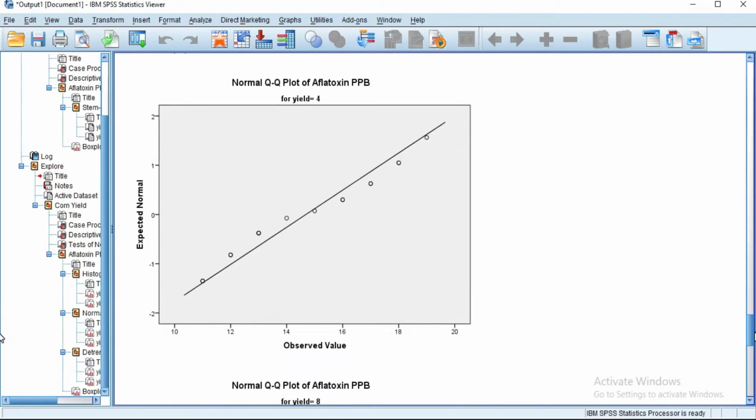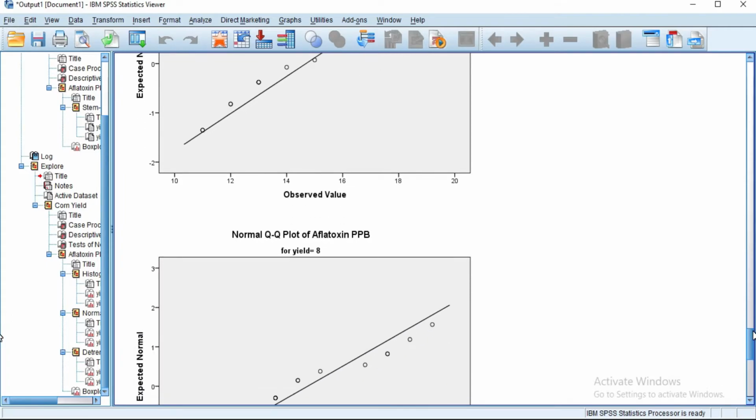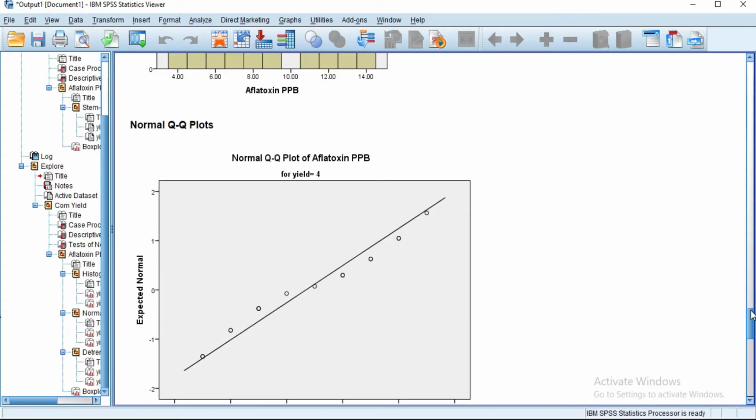The second approach I have explained to judge the normality of the data is to see this normal probability plot: if all these points are close to this diagonal line, it indicates that your data follow normal distribution. You see here in the yield number 8 and yield number 4, the patterns are almost the same. But both of these approaches can be considered subjective approaches to judge the normality.